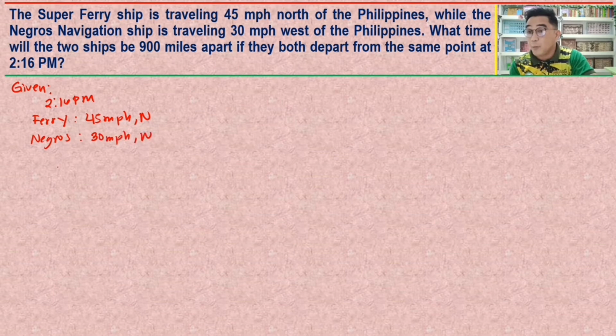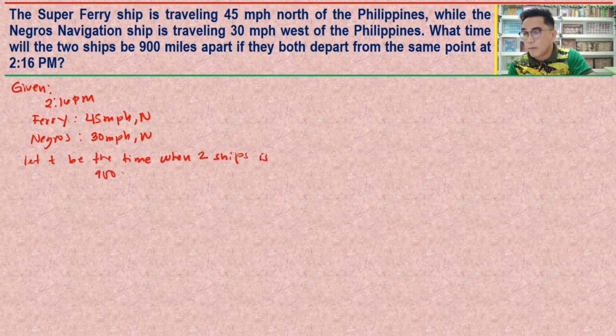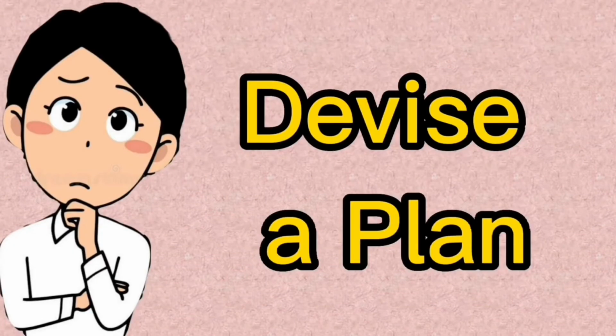In this problem, we are asked to find the time at which these two ships will be 900 miles apart. So let t be the time when the two ships are 900 miles apart.